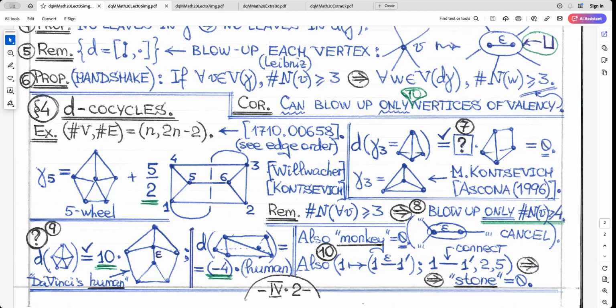Willwacher shows in a fundamental paper in Inventiones that for whatever odd number of sides, 3, 5, 7, there will be a non-trivial cocycle in the graph complex by Kontsevich. At least one, maybe more in that grading, but at least one will exist.